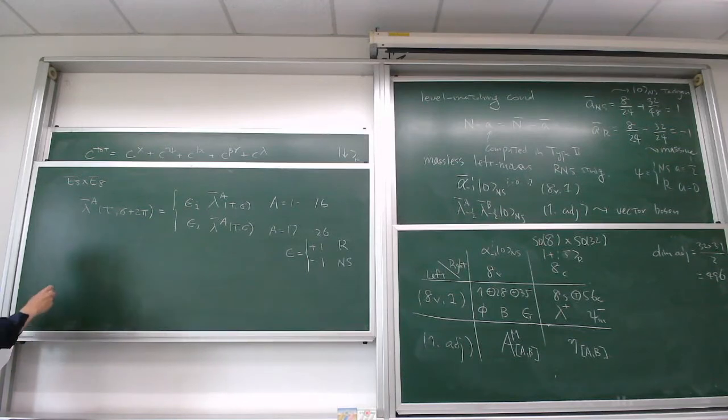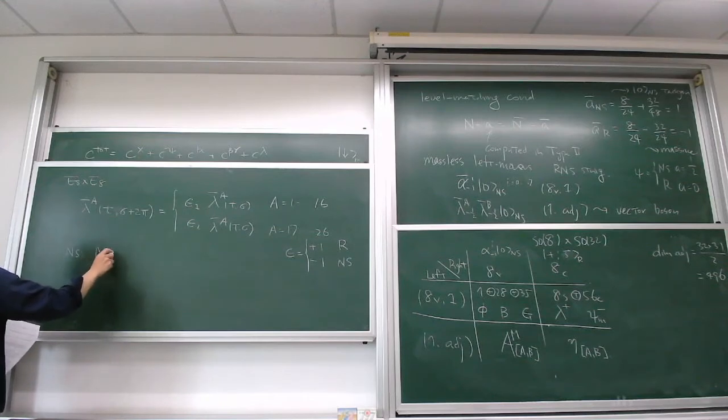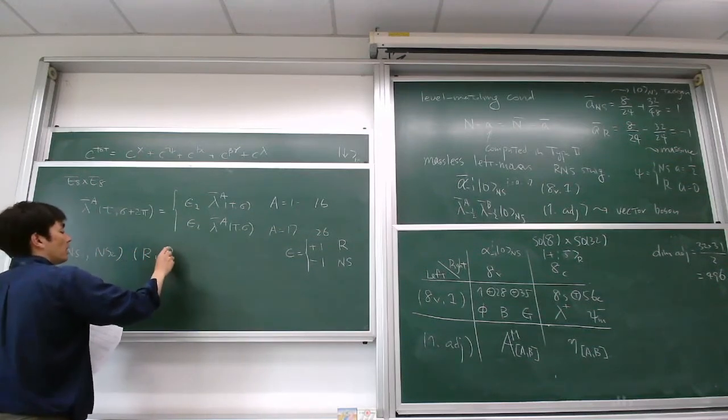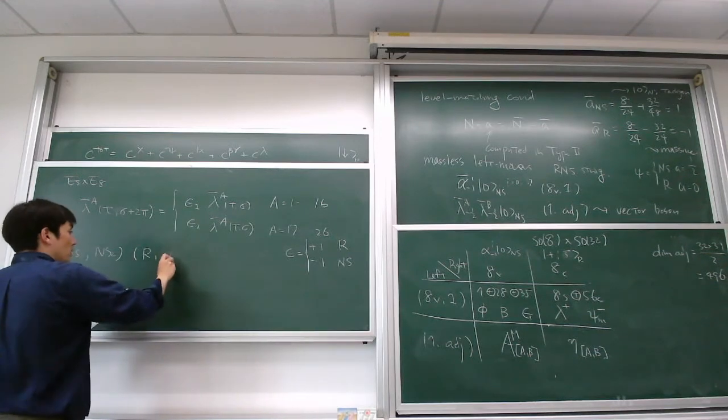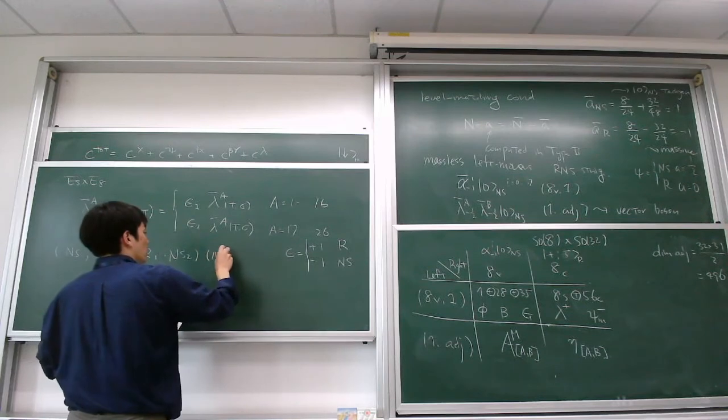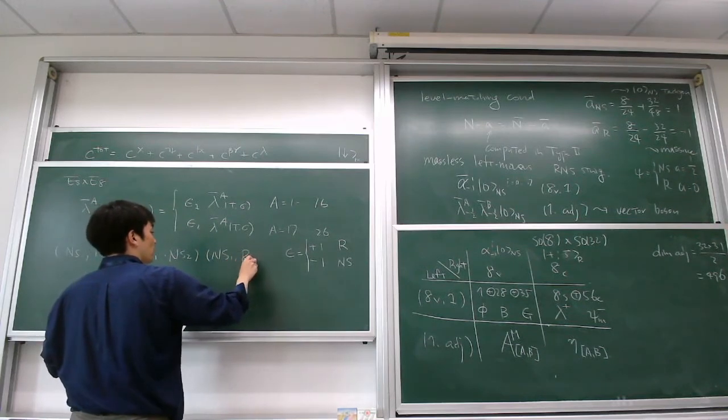So from here, you have S1 and S2, Ramond 1 and S2, the full type of boundary condition, and let's look at them one by one.